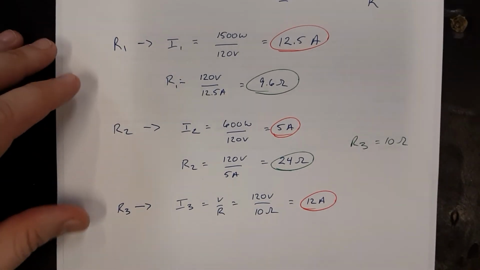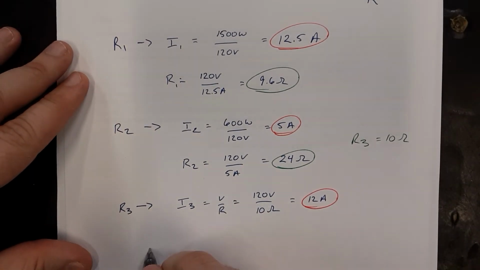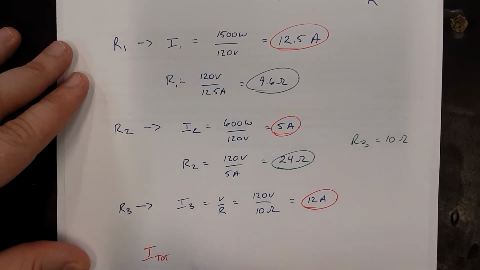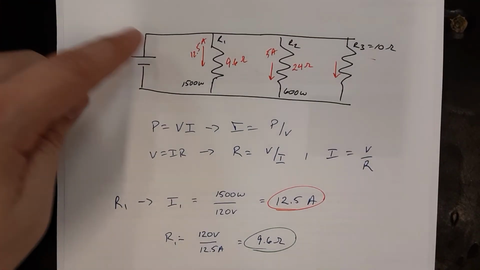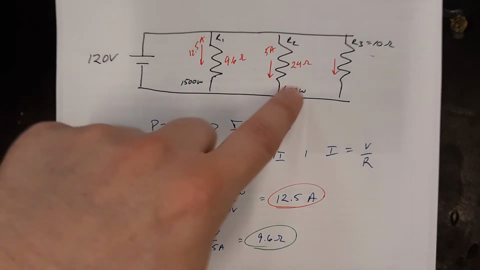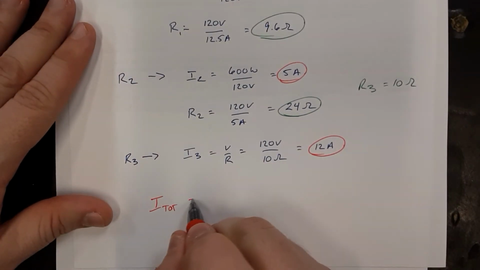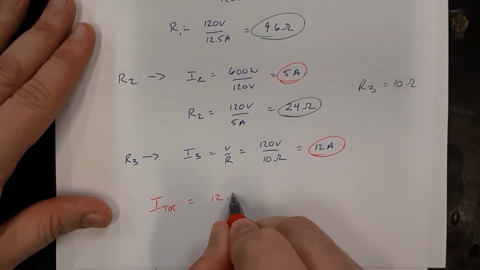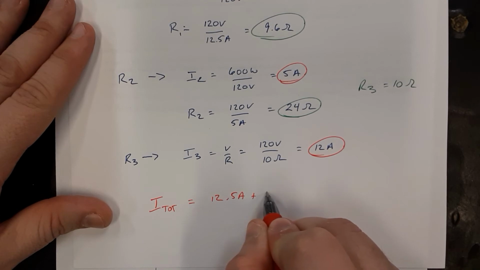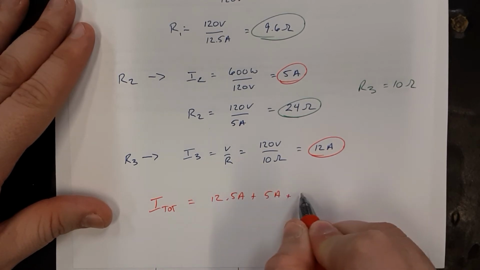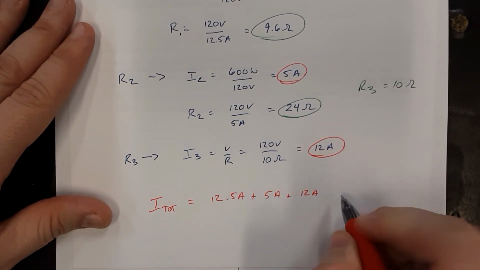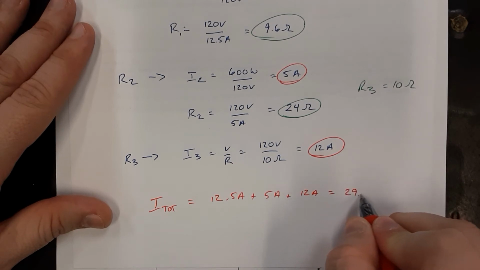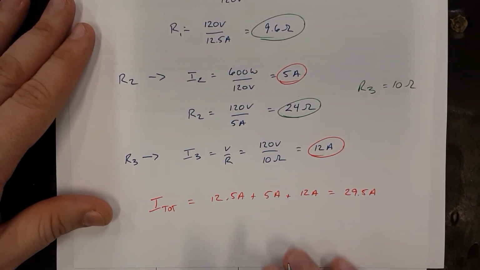So the current is fairly easy. I total. This is just stuff splitting in branches. So we're just going to add these up. And so this is going to be 12.5 amps plus 5 amps plus 12 amps. And that is 29.5 amps.